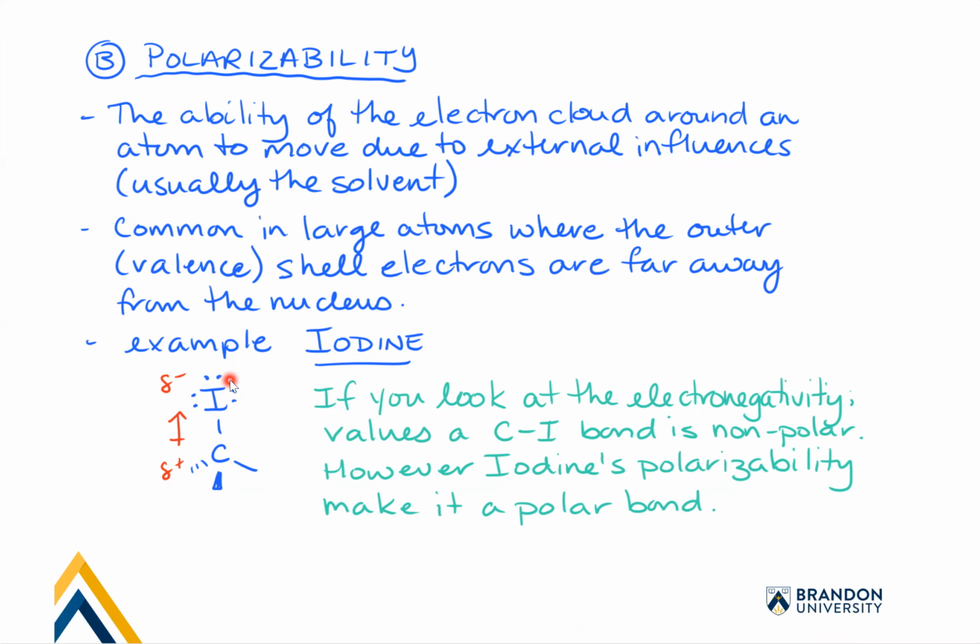Remember back at the start, one of the factors that allowed something to become more acidic was, when we were looking at the molecular structure of whatever was bonded to the proton, atomic size was one of the most important factors.